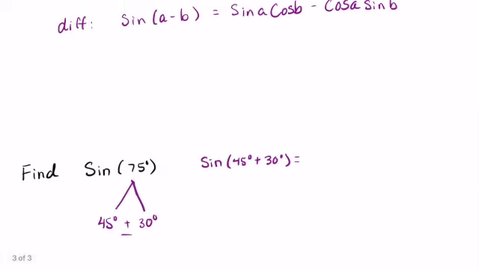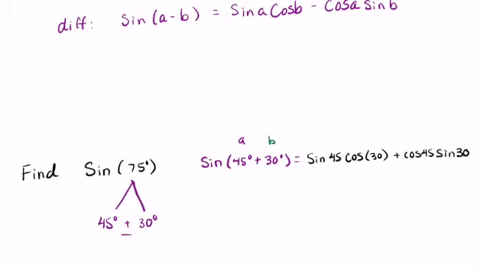This is going to be referred to as A, and this is going to be referred to as B. So we have the sine of 45 times the cosine of 30, plus, we'll keep it in order, the cosine of 45 times the sine of 30.